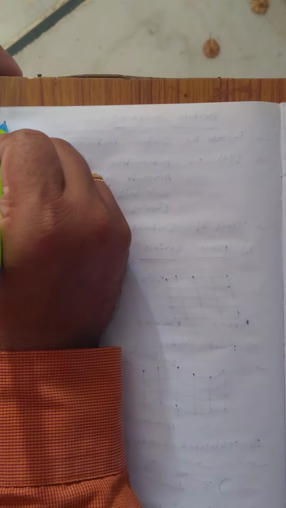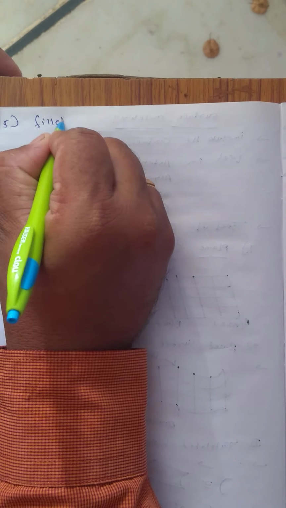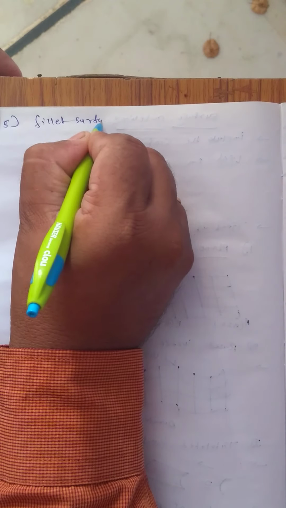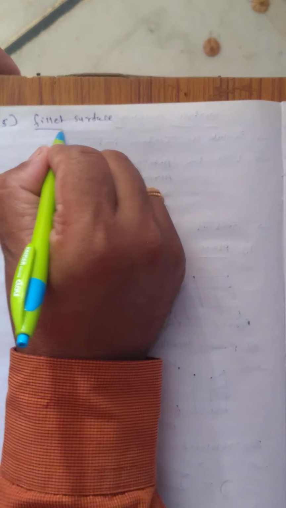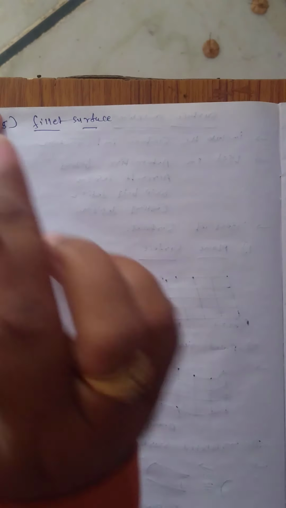The next surface is called the fillet surface. Fillet surface is most popular today. The fillet surface is obtained at the intersection of two surfaces.